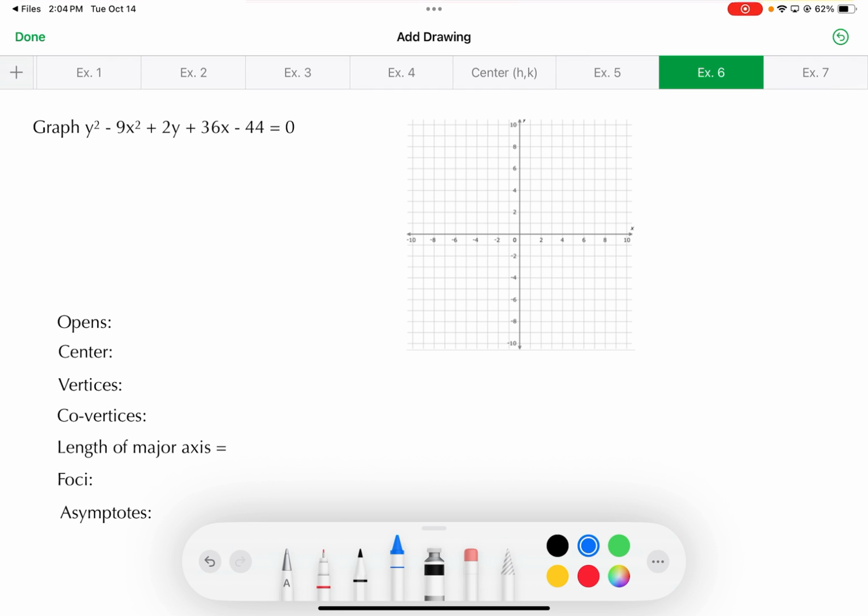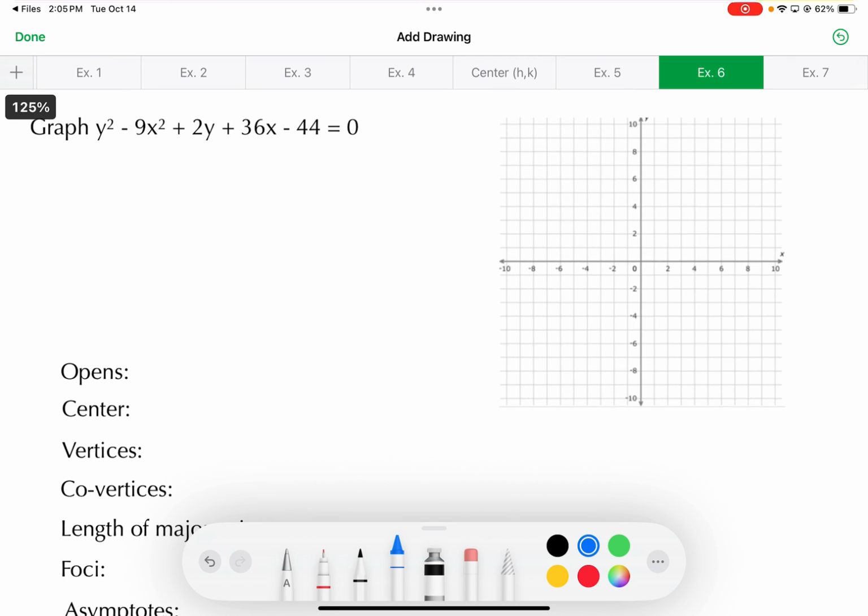Okay, so this one is in general form. We've got to put it into the standard form first. That's going to require some completing the square. So let's reorder things. Y squared and 2y, let's put those together with a blank. Okay, and then we want to notice the x squared term's got a coefficient of -9, right?